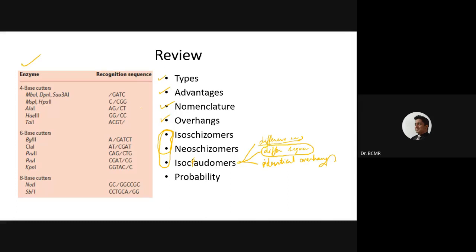If you find any of these enzymes here, you cannot call MboI, DpnI, Sau3A isocaudomers. They would fall into, I think, isoschizomers. Let me get that checked. So can you tell me any two restriction endonucleases that are isocaudomers? They should recognize different sequences but generate identical overhangs.